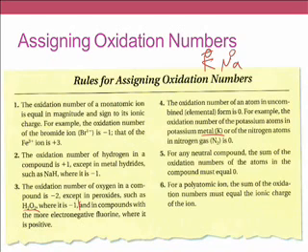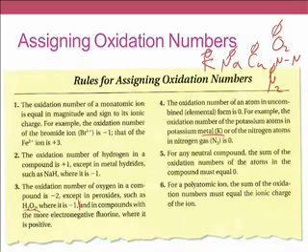Any metal that's all by itself is 0. The same thing goes with a diatomic like nitrogen. That's 0, because nitrogen shares electrons equally; they're two of the same atom. The same thing goes with O2. All of these will have an oxidation number of 0, F2, 0. They're sharing electrons equally.